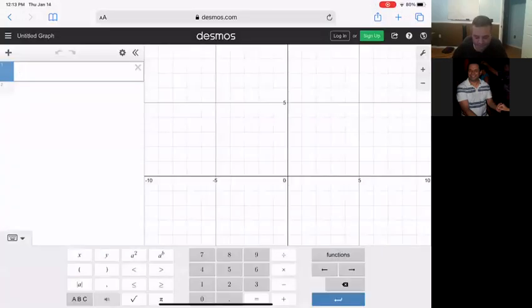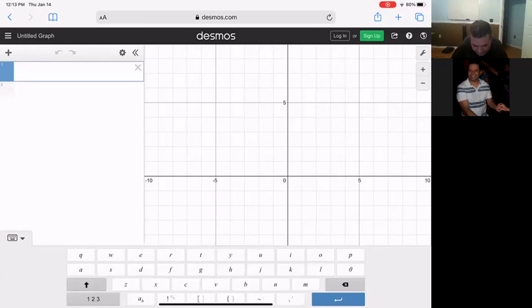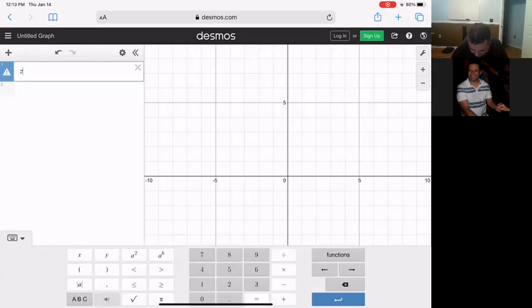So let's graph z equals y over x squared plus y squared. Hold on.